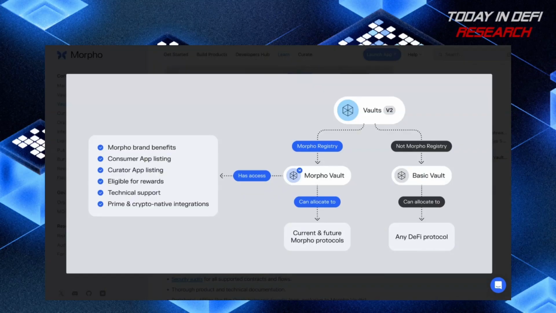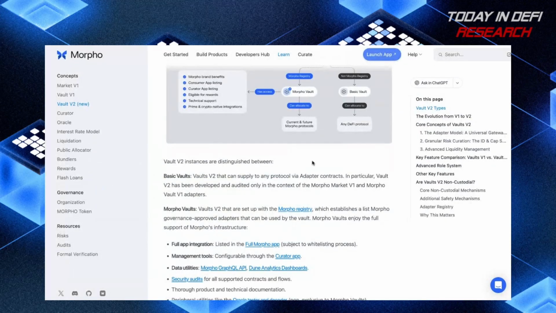This kind of update expands the size of the target audience, and turns Morpho from a lending and borrowing protocol into a universal on-chain yield protocol. That is why this update is interesting: users of Morpho can now have access to all the yields out there on any DeFi protocol. So this is the first interesting update for Morpho V2.